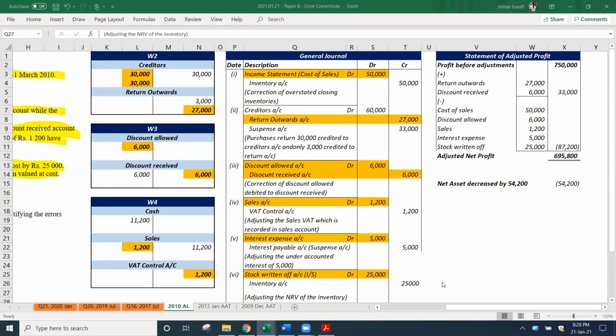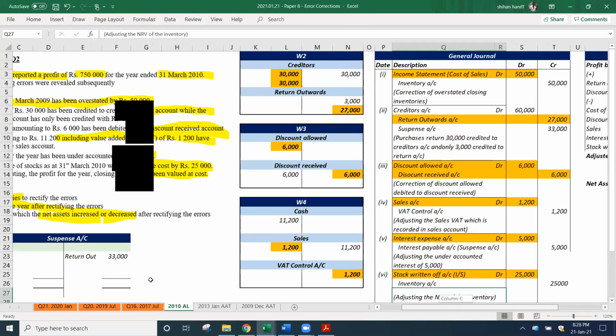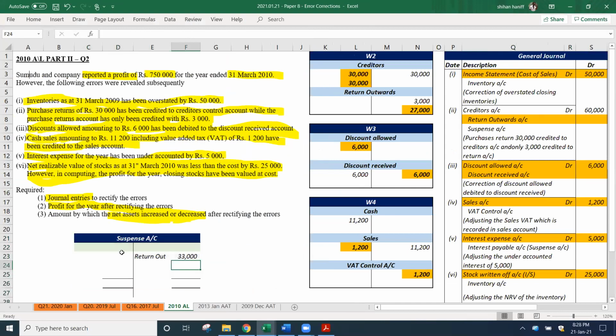A suspense account, they are not asking us to prepare the suspense account also. So we can just leave it. Or take the opening balance as the difference.